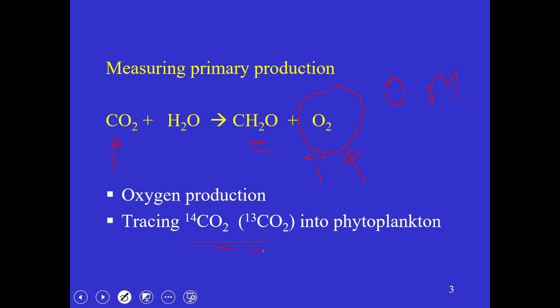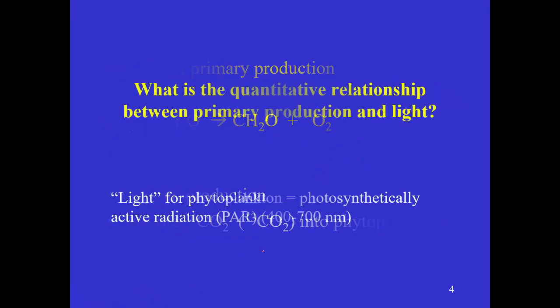We have one down here in Lewes, and there are others up in Newark, I'm sure. The C13 method, although it's not radioactive, which has some advantages, is harder to measure. There are machines around here that do it, but it's much more difficult. Anyway, that's how we measure primary production, by tracing either oxygen or the carbon.